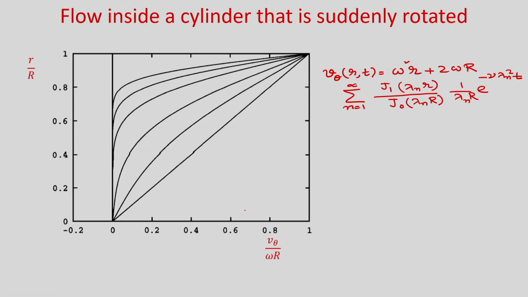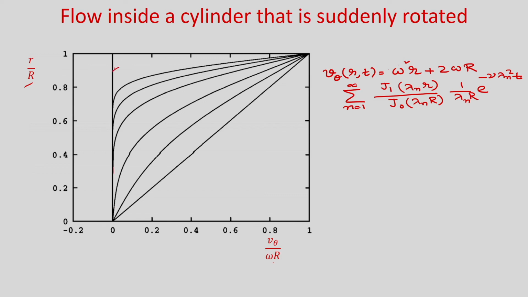Now if you see the evolution of this velocity profile, the y axis is r by R and the x axis is v theta by omega R. Obviously you can see that at t is equal to 0 you will get a 0 velocity profile.